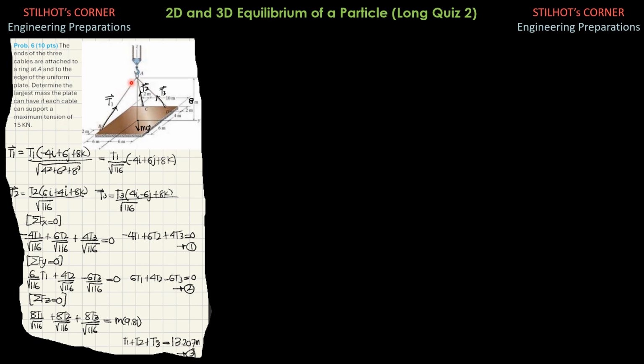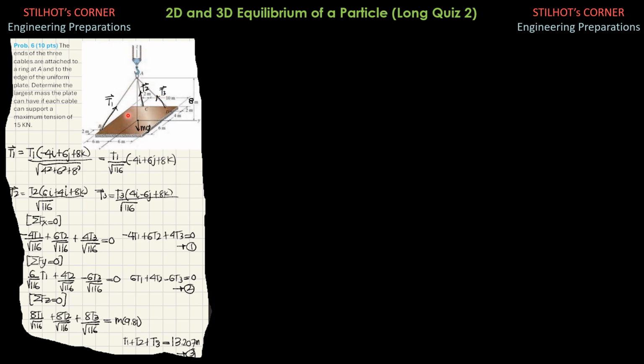So take note, the tension in its cable is limited to 15 kilonewtons, but it doesn't mean that all of these cables will have this value of tension. So we have to investigate which cable is the most stressed, because that's the cable that is critical in this problem.